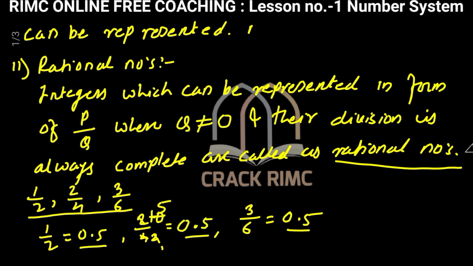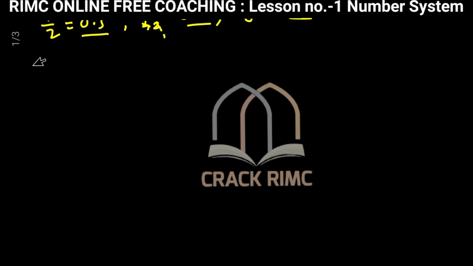Now we will move towards the next point, point number 12, that is irrational numbers. Okay, now what is the definition of irrational numbers?